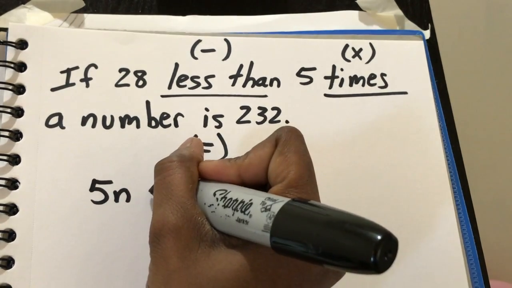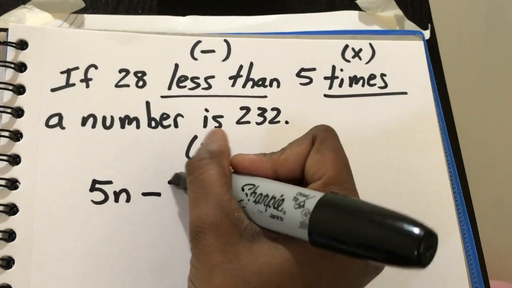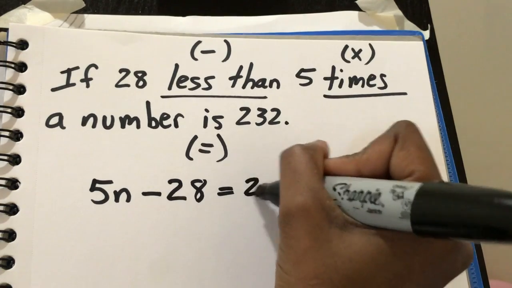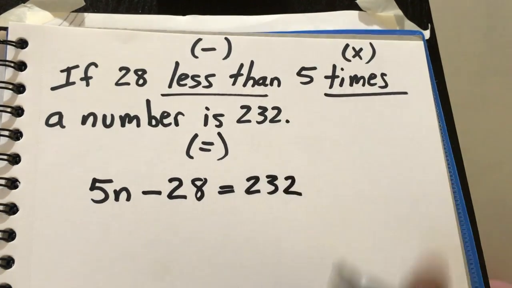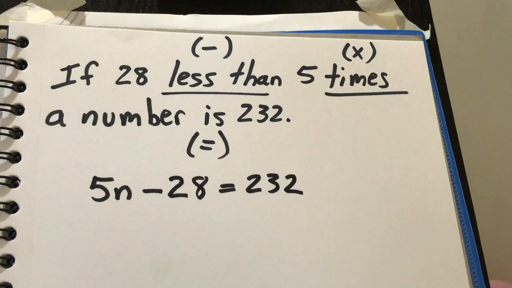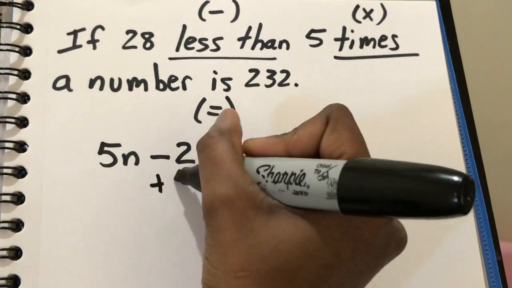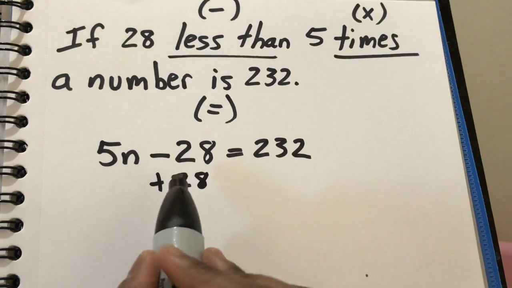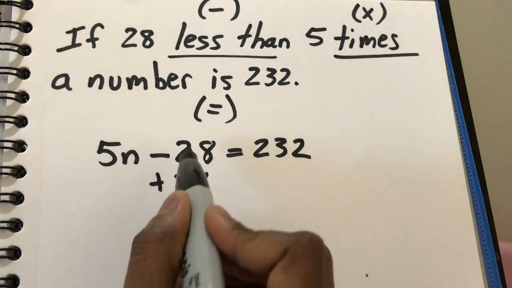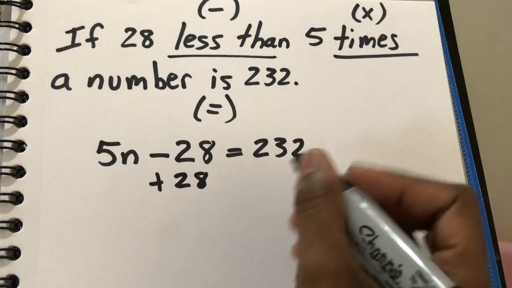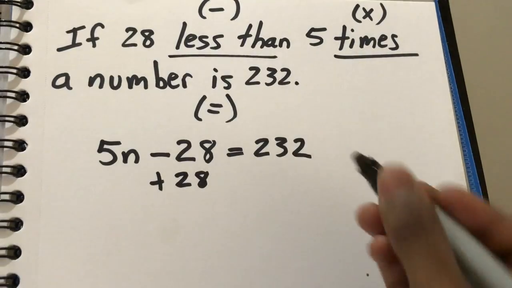So you're going to put 5n minus 28 equals 232. Okay, so what we need to do first is like undoing the order of operations. We're going to add 28 to this side so we can cancel it out, so we have 5n standing on its own on this side of the problem. So we end up with n equals a certain number.